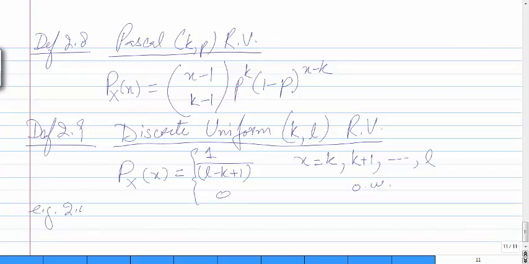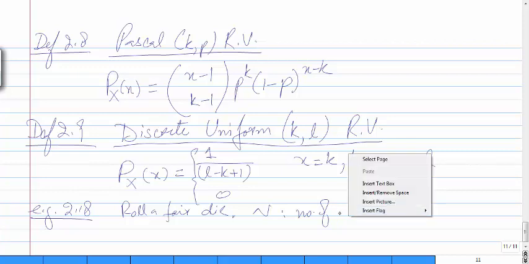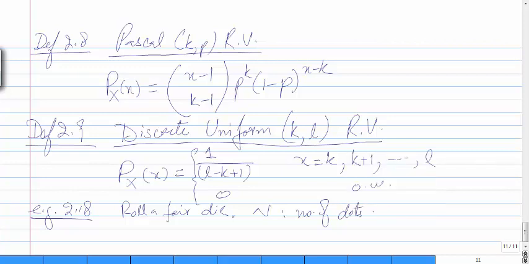The example is 2.18, and the example says to roll a die. We define the random variable N as the number of dots facing up. What is the range of N in that case? Because there are 6 sides, it is 1 to 6. Now what is the PMF?